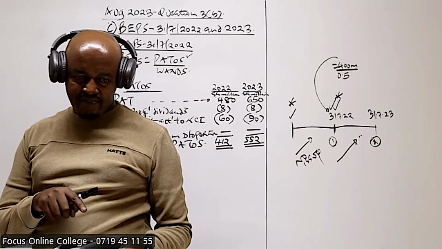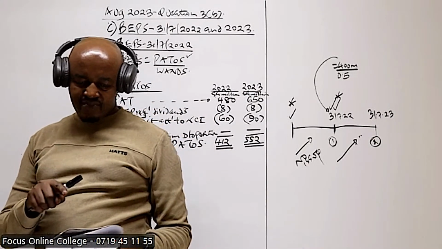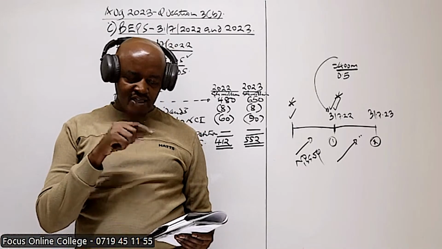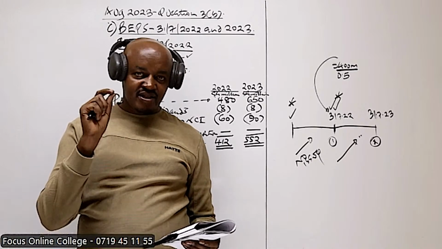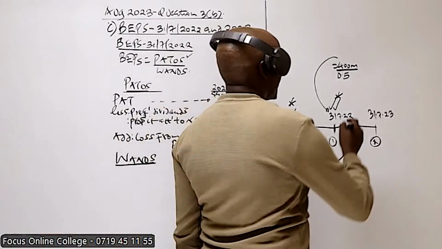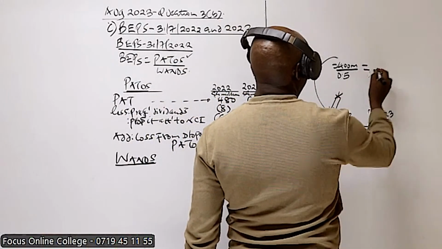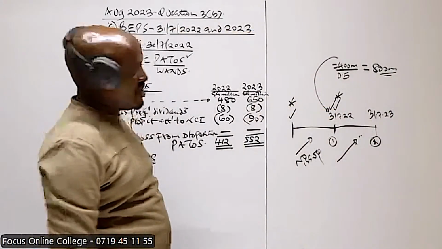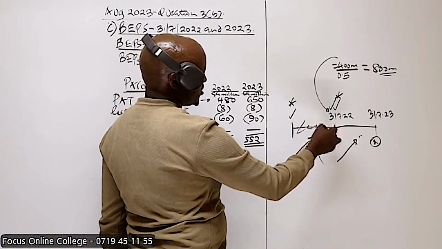We are told the ordinary share capital of the company is 400, and inside the bracket you're told the par value per share is 0.5. Are we together? So the shares issued at the end of the year were 800 million, and during this year there were no other shares issued.